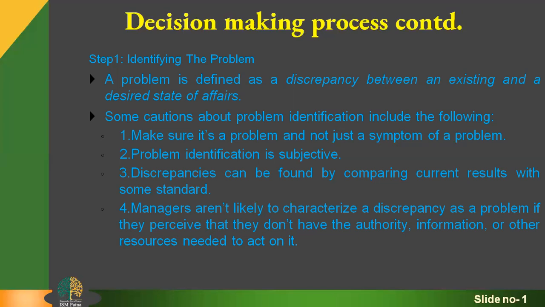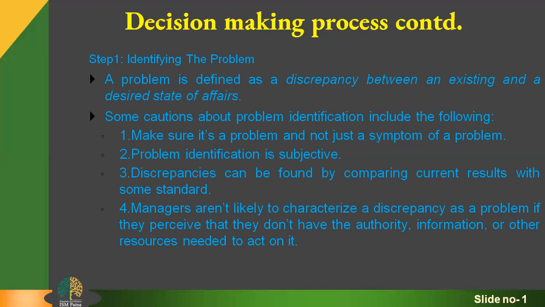Okay. Then problem identification is subjective. It is very important, because if you first of all decide beforehand that this is a problem and I have to justify it as a problem, that means you have pre-adopted a phenomenon, you have already adopted that this is a problem and now you simply have to justify it, then it is a wrong approach.